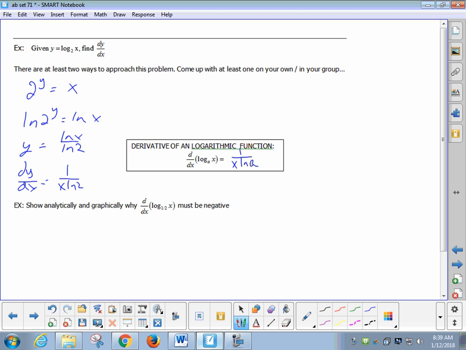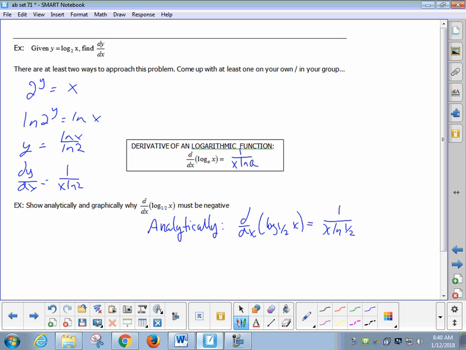Okay, so if we were to show both analytically and graphically why that must be negative, the first part analytically would just be to show me what's the derivative. What's the derivative of log base 1/2 of x, using that form we just said? 1 over x natural log of 1/2.